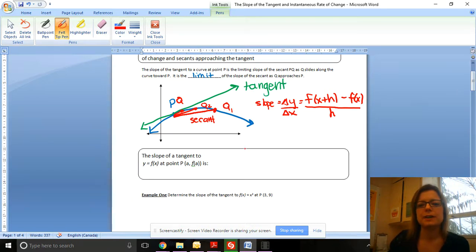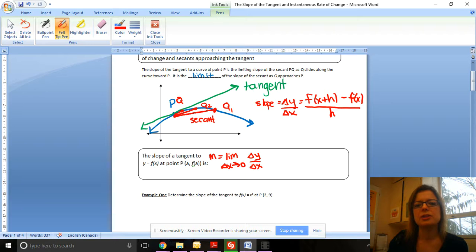But now we can define this using limits. The slope of a tangent to a function y equals f of x at point A is actually the limit as the change in x approaches 0 of delta y over delta x.